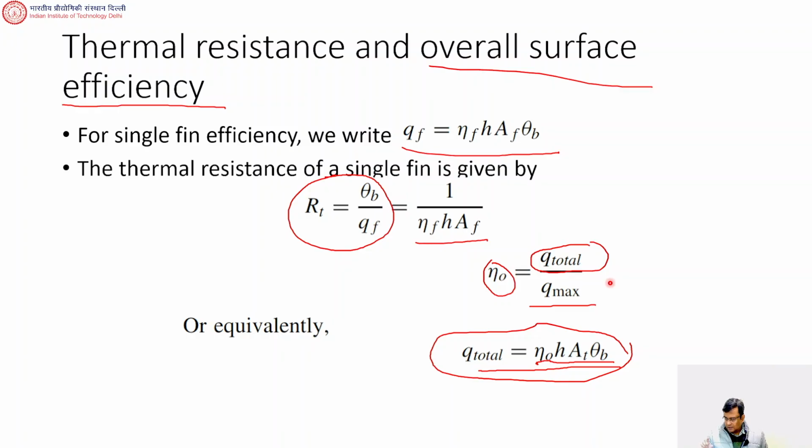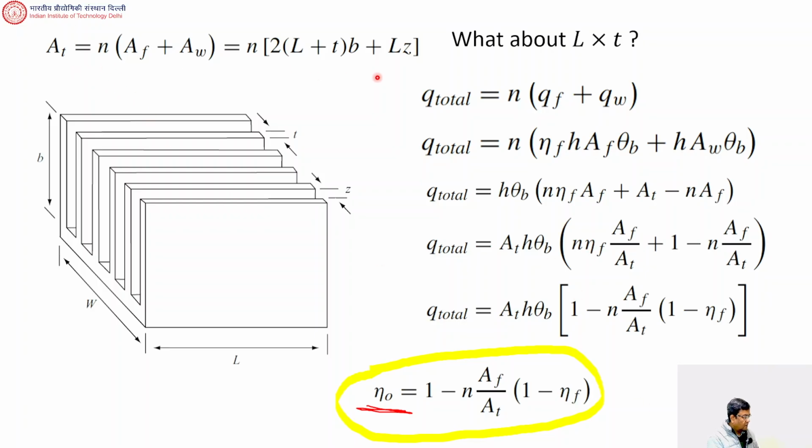AT is the fin area plus what other area did we speak of? Interfin area. We have a name for this. It's always good to have a name. Otherwise, you will say the area between the fins and this, that. So just interfin area is sufficient. So we use that. So that is A total.